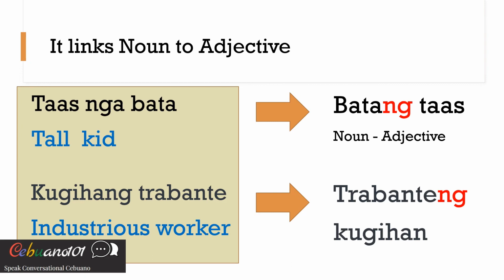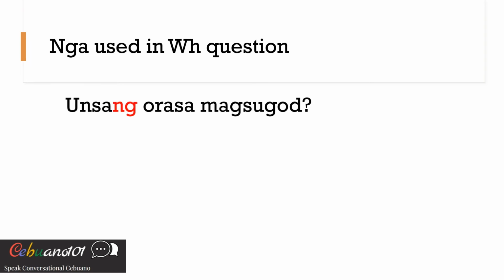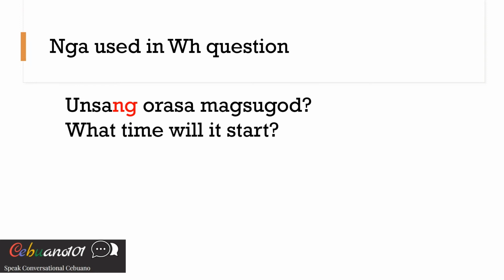Also, we use the nga linker in WH questions. For example, we have unsang orasa magsugod. What time will it start? Unsa is what, and then we have to connect unsa to oras.